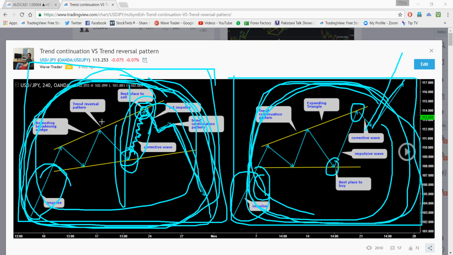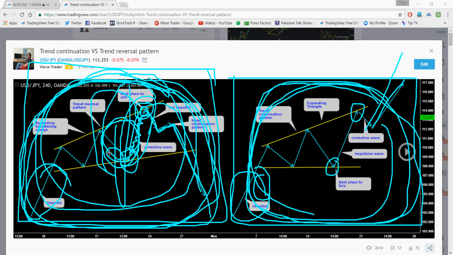This pattern forms with divergence. When this ascending broadening wedge forms, your indicator is going to point to you that the trend is going to reverse into the other direction. When you see this kind of pattern, most of the time this pattern forms against the indicator.